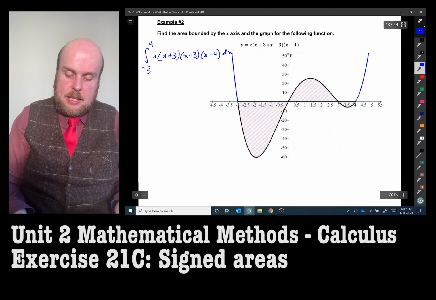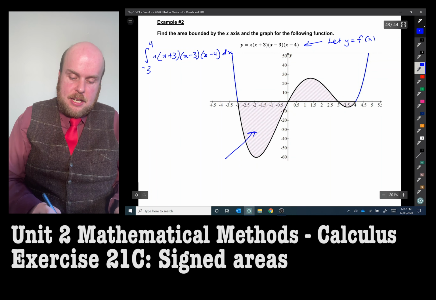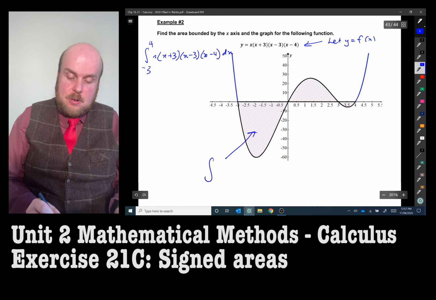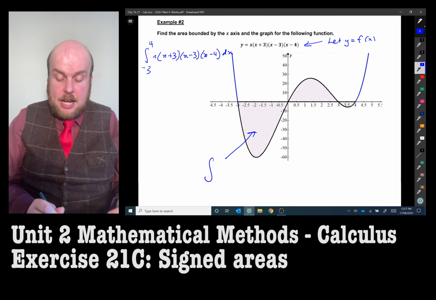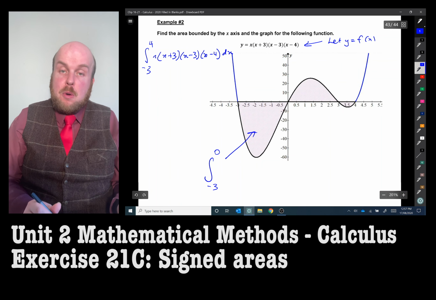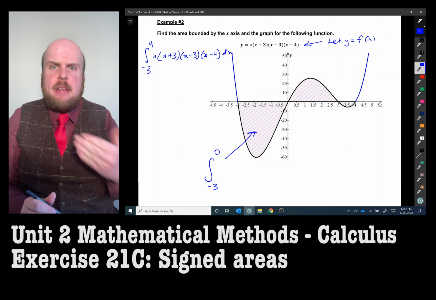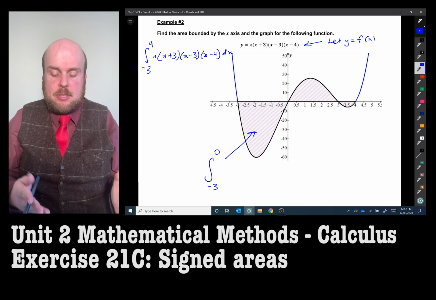So what we'll do, if I label this, let's just call that let y equals f of x. This section we'll find just the antiderivative of, and now normally you would put the largest number at the top and the smallest number at the bottom. Well, actually, what we want to do is get the inverse of that, don't we? We want to make sure that's a positive answer.